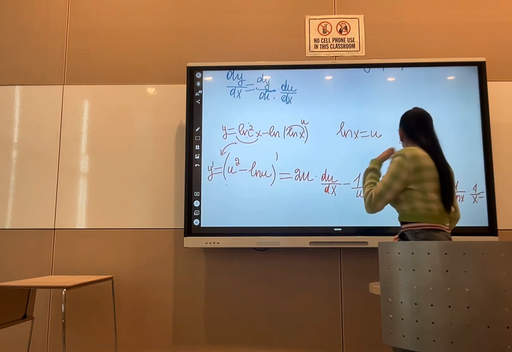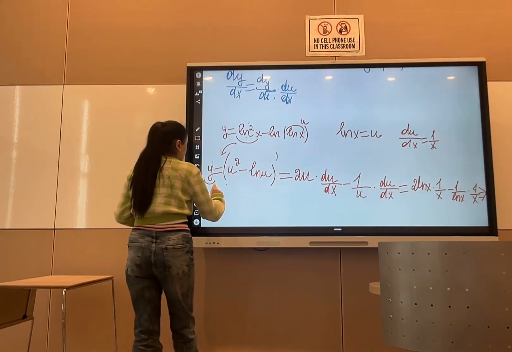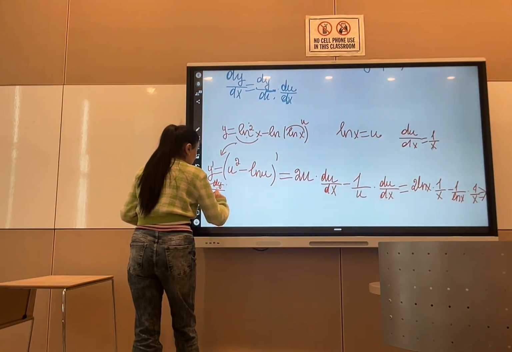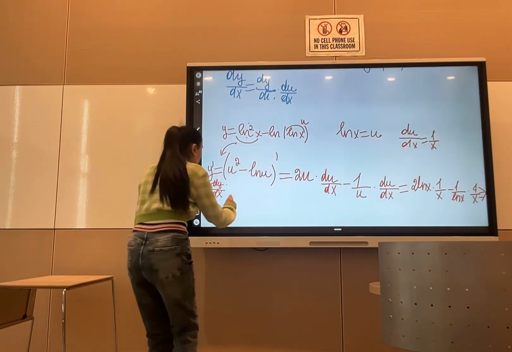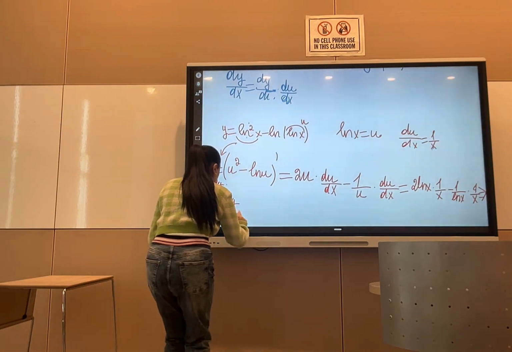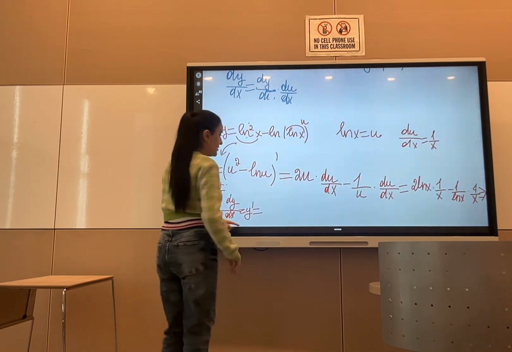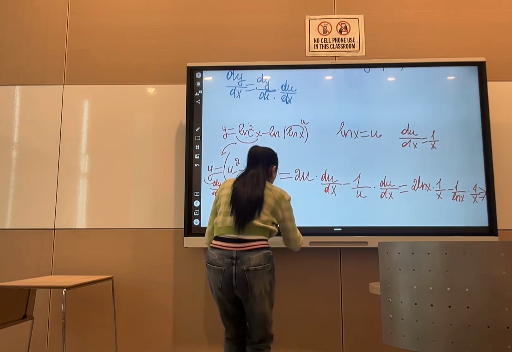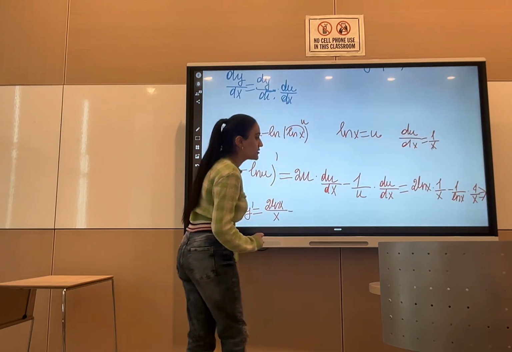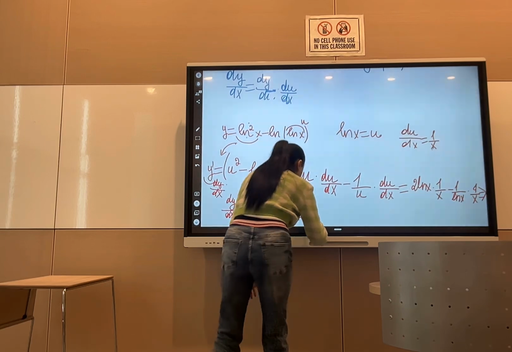This is dy over dx, the derivative of y with respect to x: 2 ln x over x minus 1 over x ln x.